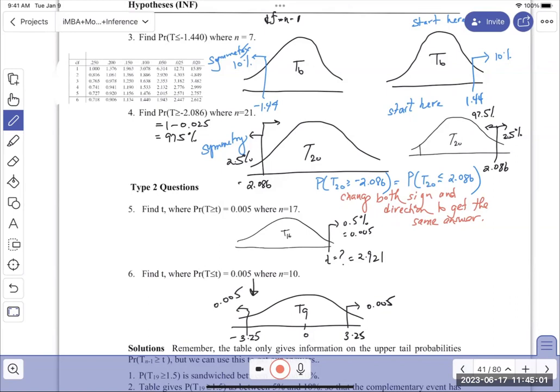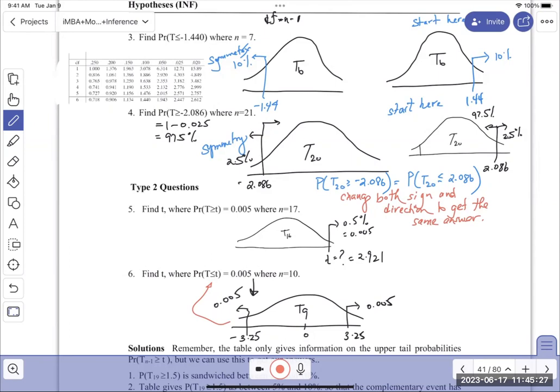So it's negative. That's all because of the sign. Okay, so you know how to use the T table, or you have some practice.